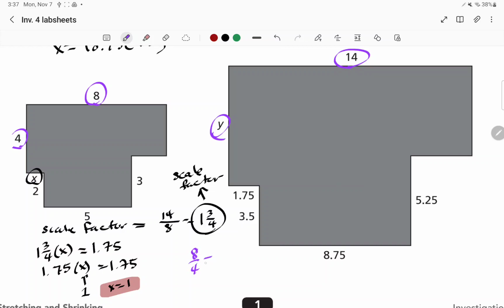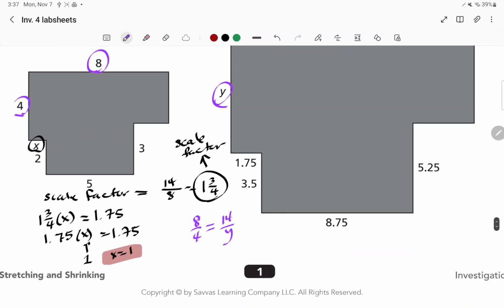So 8 over 4 is equal to 14 over y. Here's why I'm doing this. If you simplify 8 over 4, 4 will go into both, giving 2 over 1. If you simplify that down, they're still equivalent. And you can see, to go there, I needed to multiply by 7. So I also need to multiply this by 7, and so y is 7.